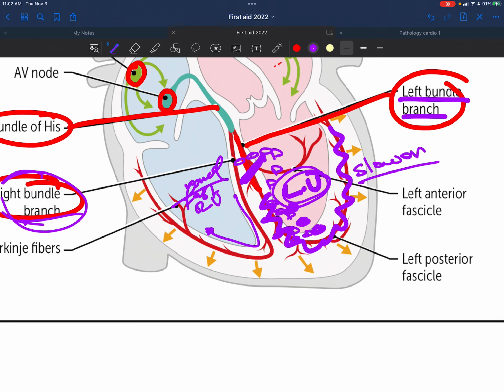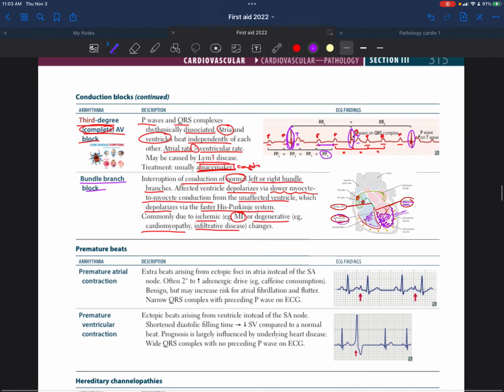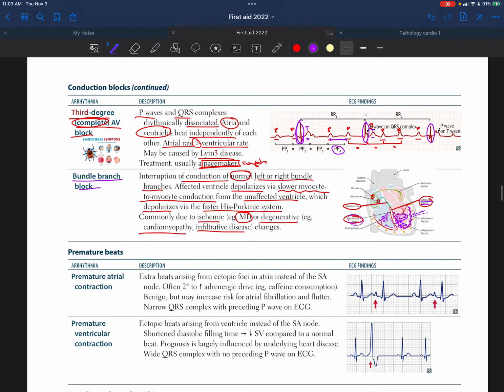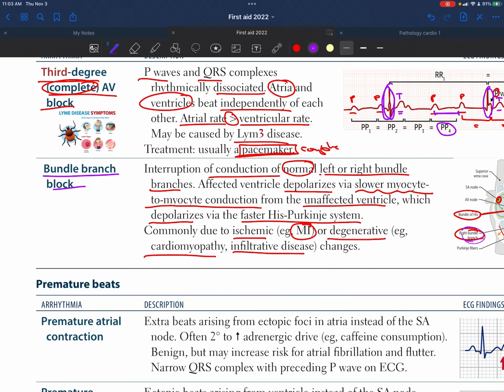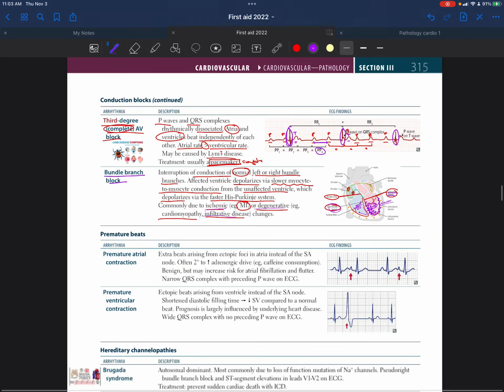While in the left ventricle, because we said that we have a blockage over here, the only way of transmission is through myocyte to myocyte, so it depolarizes much slower. And this is the bundle branch block. It could happen in ischemic changes or in degenerative changes, or infiltrative changes as well.